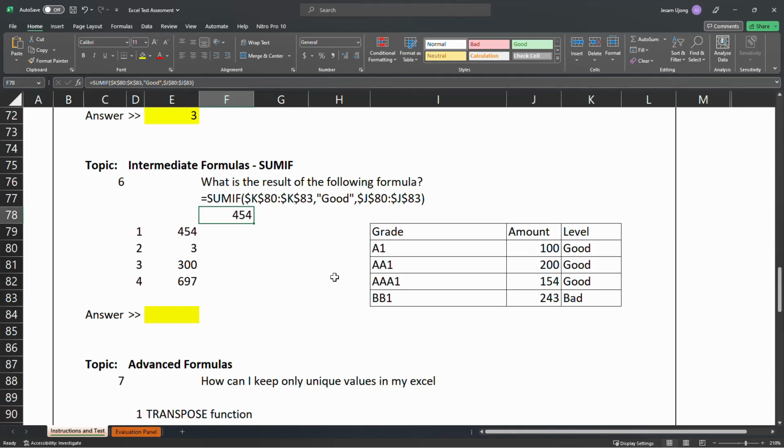Because I don't think we did absolute referencing for this SUMIF in class. If you still do the normal referencing, you still take it from K80 to K83, it may still return as desired. Is there any difference?